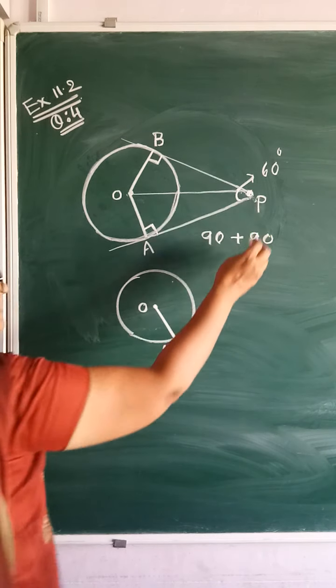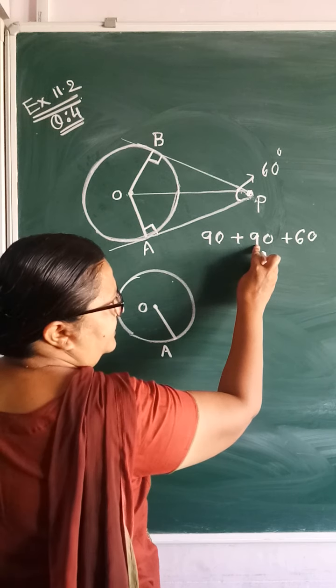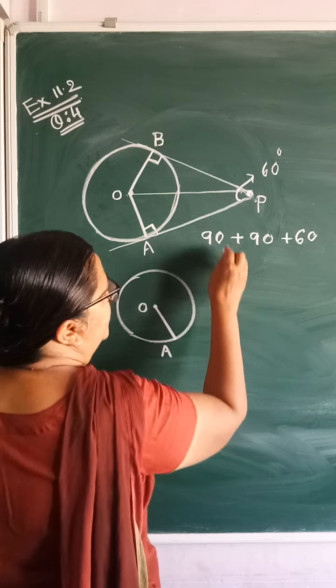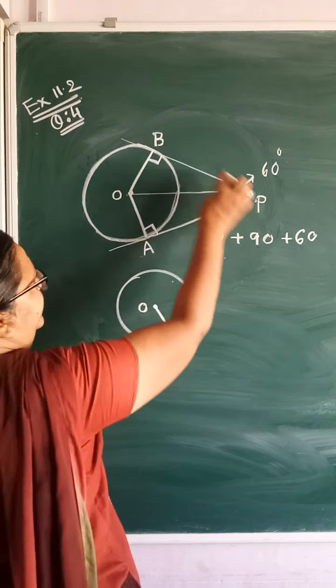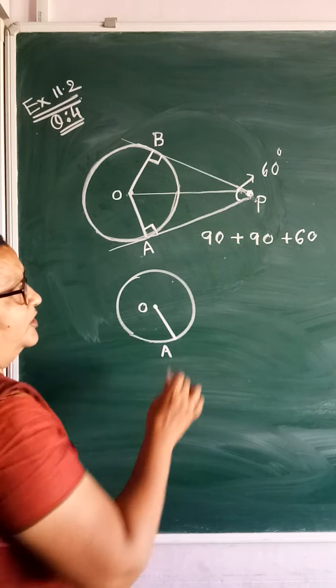and this angle we want to draw is of 60 degree. So 90 plus 90 is 180, plus 60 is 240. We know that OAPB is a quadrilateral, so the sum of all four angles is 360.